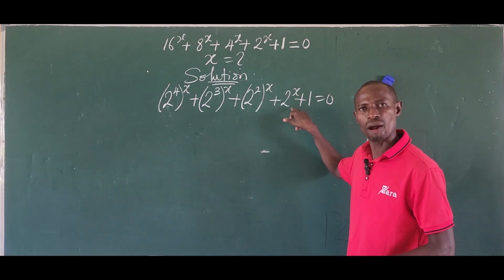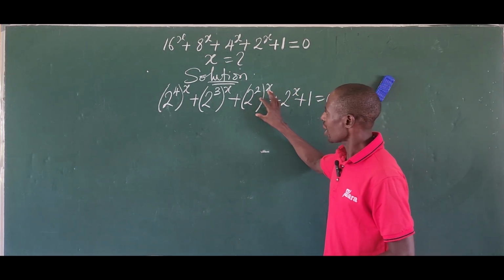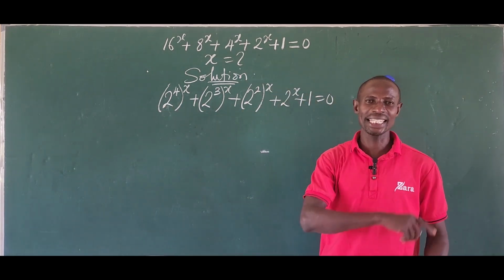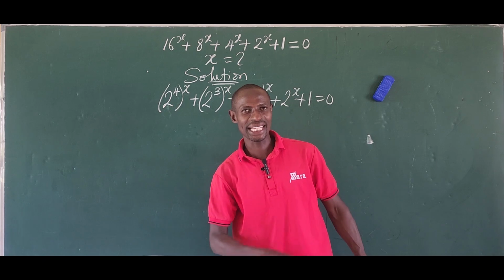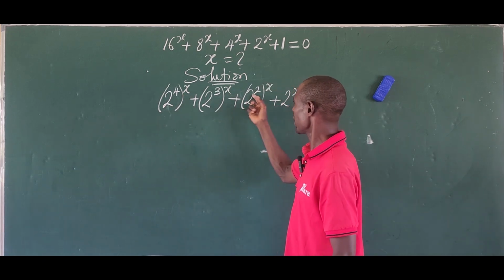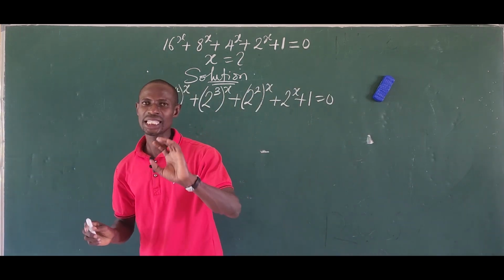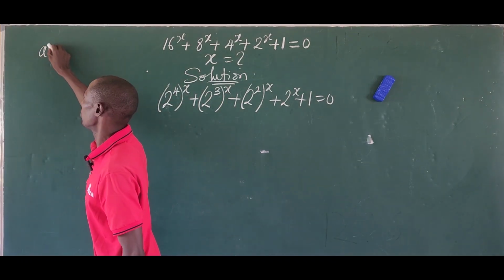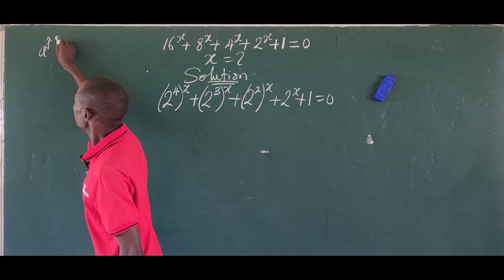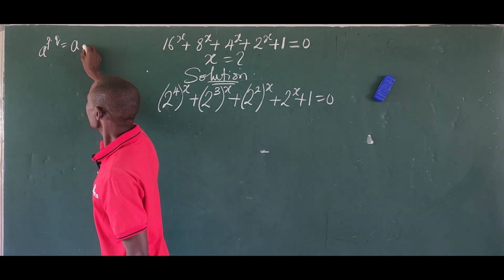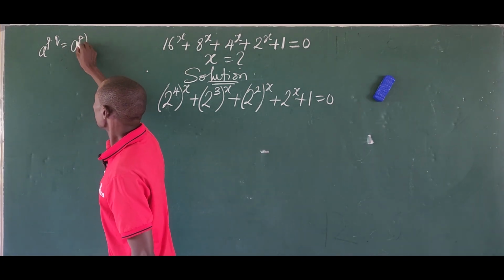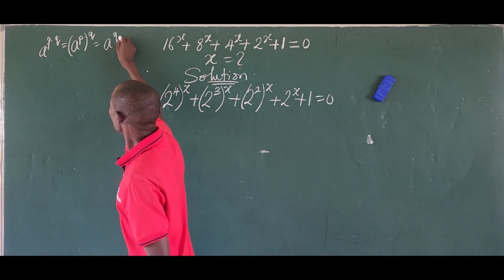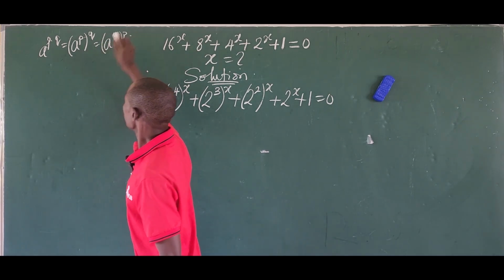Now, look at this number we have here. We are having 2 to the power of x here, right? We want to achieve the same in the brackets we have here. So we want to force this x inside. In other words, we want to push the x inside and push this figure here outside. We are going to apply a simple law of indices which says that when you have a to the power of p times q, this could be written as a to the power of p, in bracket raised to q, or a to the power of q, in bracket raised to p.